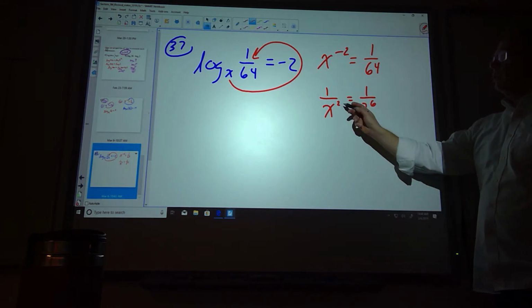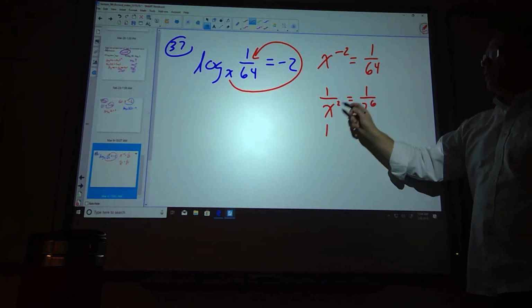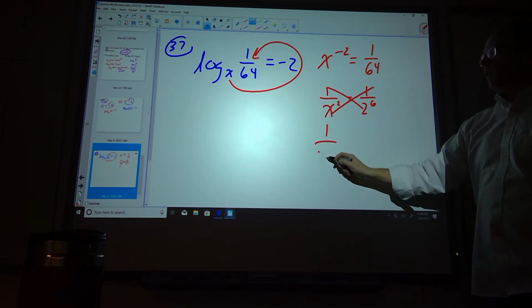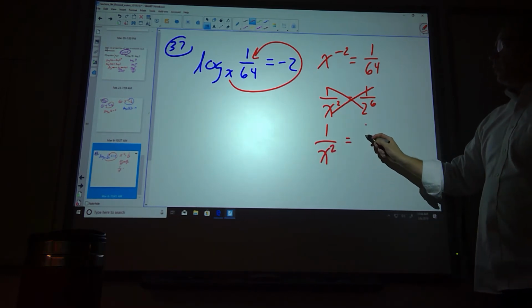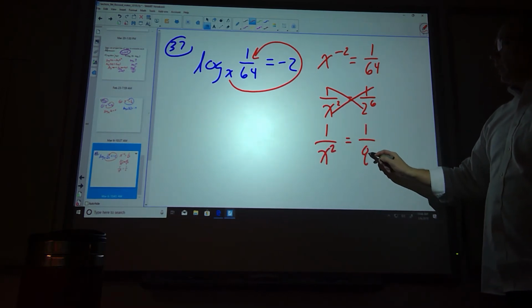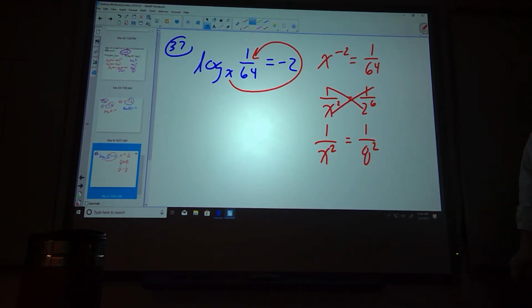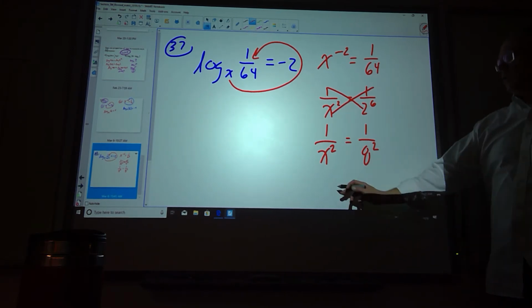I'd say no, because these exponents aren't going to match. So I would cross that one and go 1 over x squared equals 1 over 8 squared. Is that all right? So what's my base in this? Negative 8. Just 8. So x equals 8.